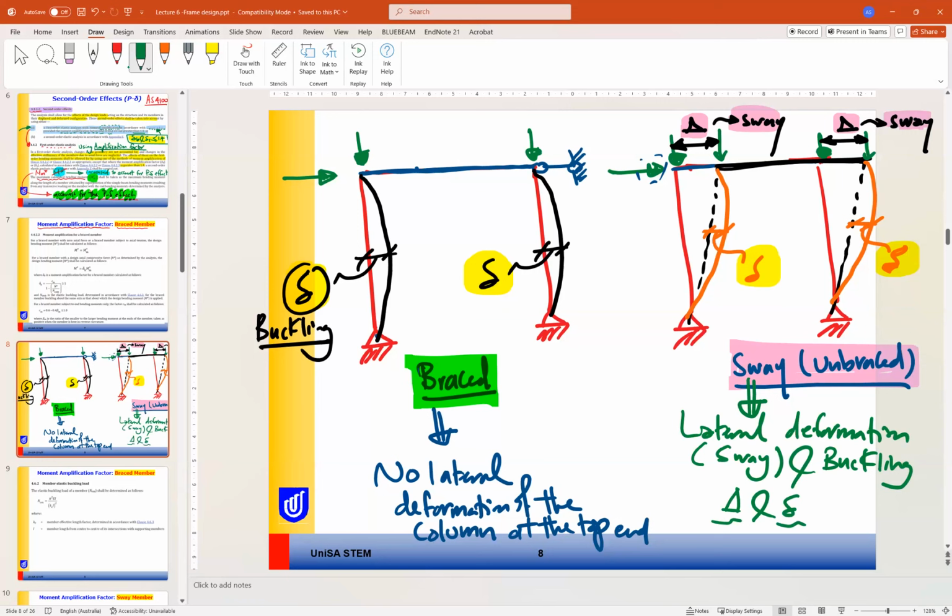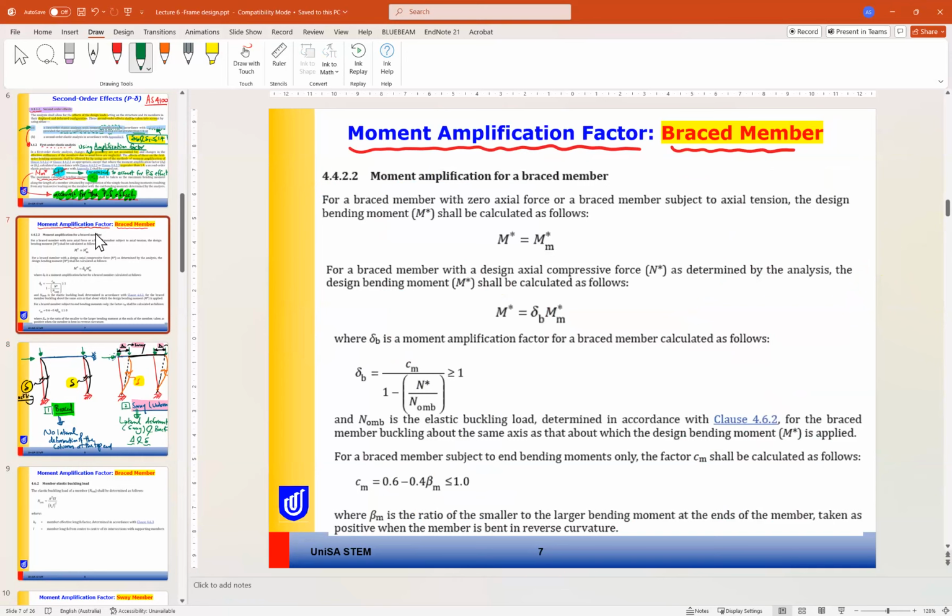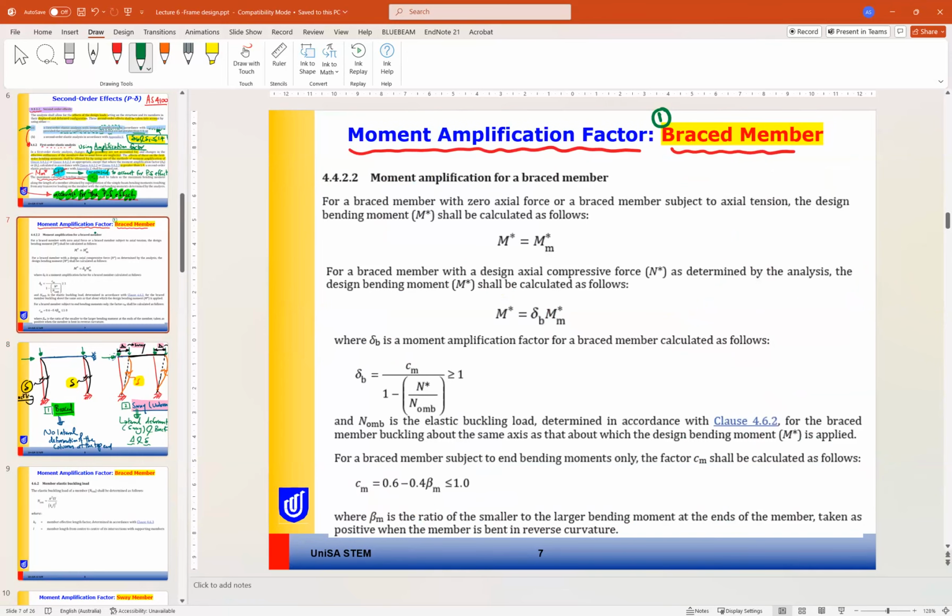That's why the standard gives us two procedures when we are calculating the amplification moments, because the braced member is different from the sway member, as you can see. So let's start with a braced member.